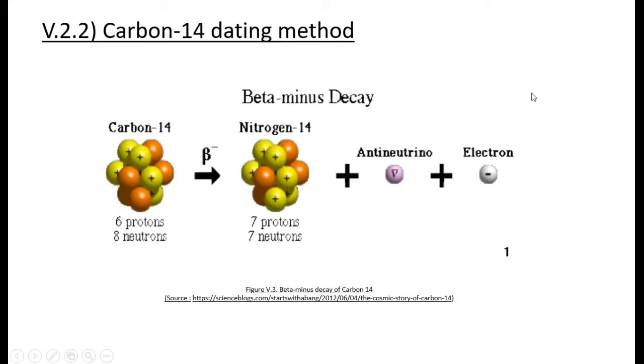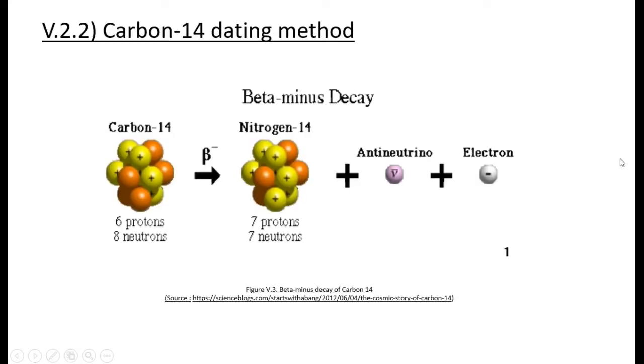5.2.2, carbon-14 dating method. You really need to know this. You probably remember when we did Rubin and Kamen's experiment that there are two types of carbons, carbon-12, which is the most abundant one, and carbon-14. Well, another thing you need to know about carbon-14 is that it can naturally decay in a radioactive reaction, which plays out as follows.